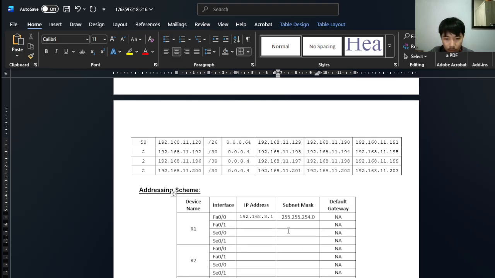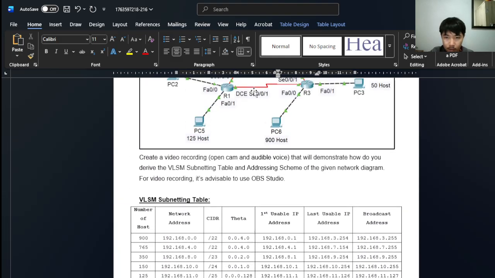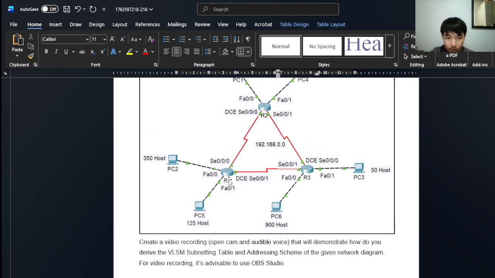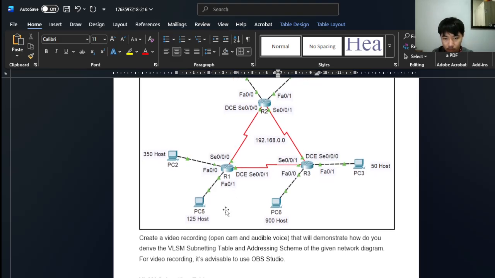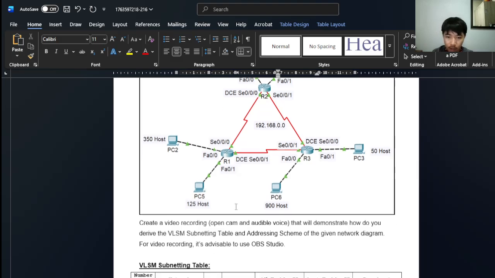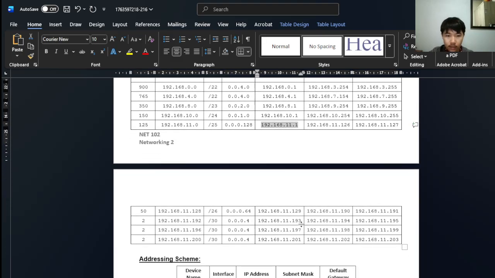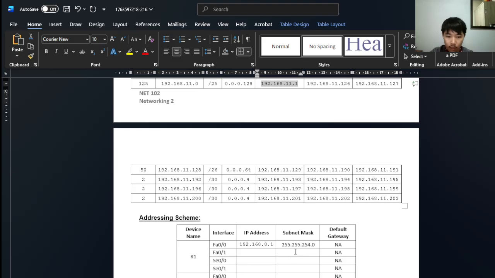So FastEthernet 1 is for 125 hosts. The 125 hosts has a first usable IP address of 192.168.11.1.